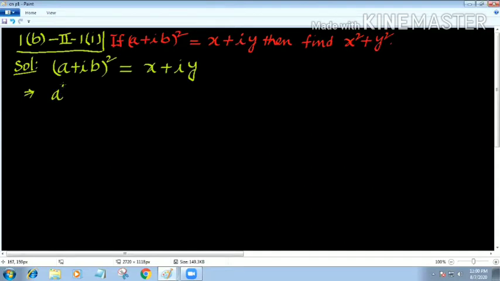Here also, a square plus 2 a i b plus b square i square, and the right side has no change, as it is.